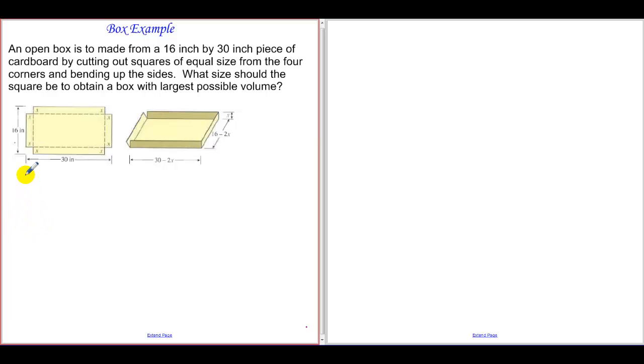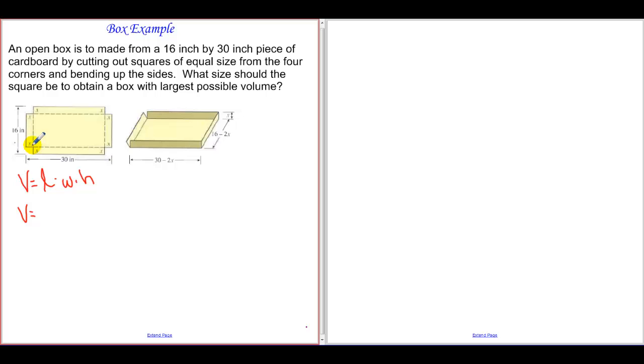Okay, so what you want to look at is volume. Volume is length times width times height. So what's the length?